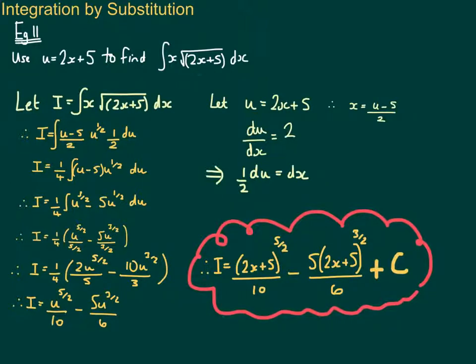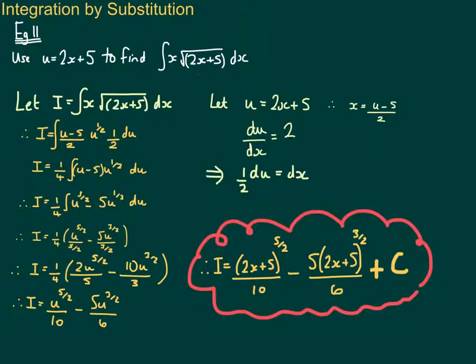And then all those things we've worked out, we've fed that back into our original integral. So we've changed the x, we changed the 2x plus 5, we changed the dx, tidied all that up, and we've ended up having something a lot easier to integrate. Okay, so the actual integration process then is a lot easier. And then what we do is to go back to what we were originally asked to integrate.